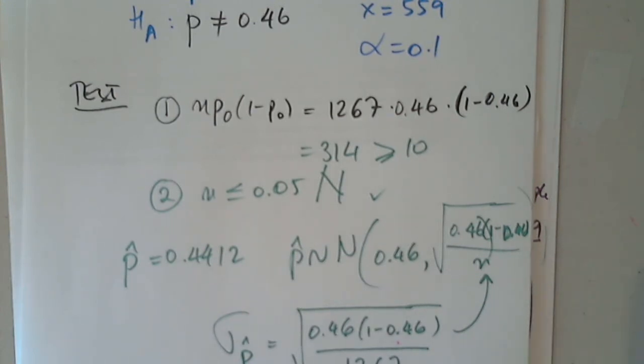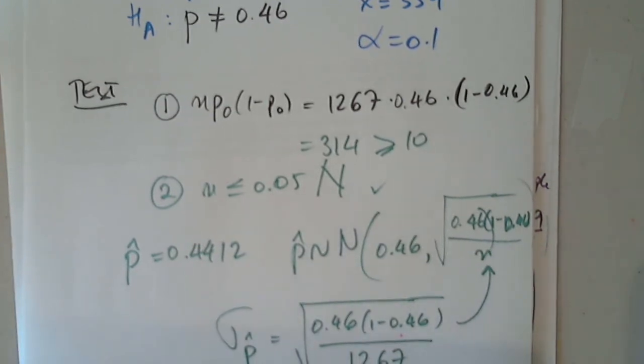Number of observations, 1267. Store in data table. But I also want the p-value plot. Okay, I got it. So the z statistic, here's the p-value. Good. Make sure you select the data in a table. Please do that when you get the answer.